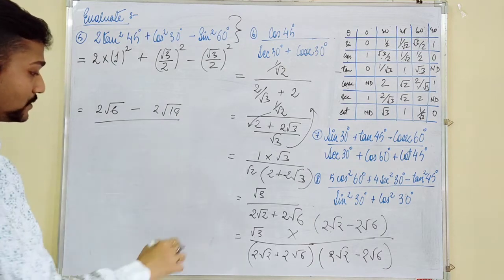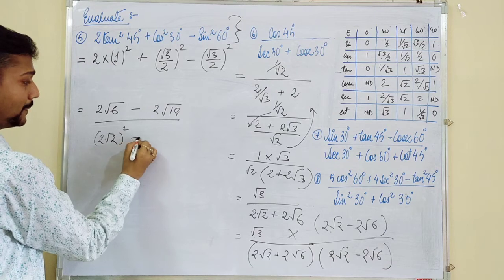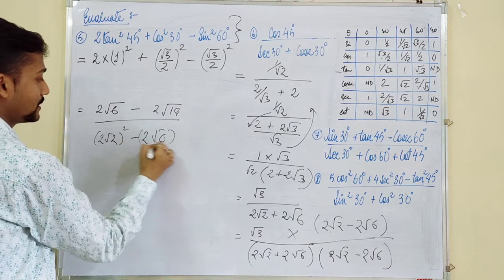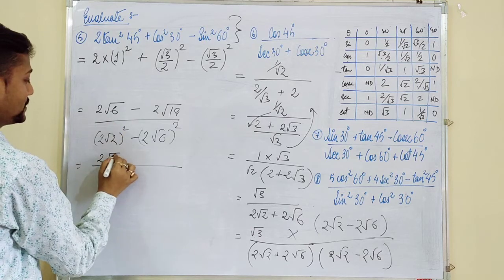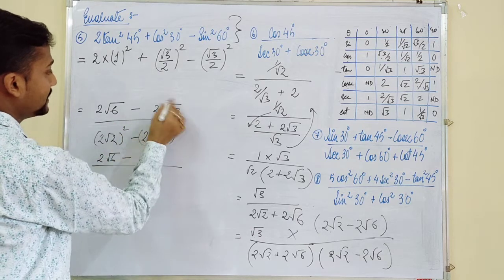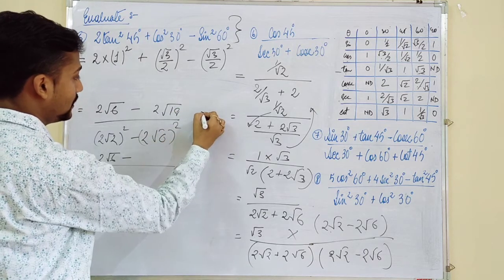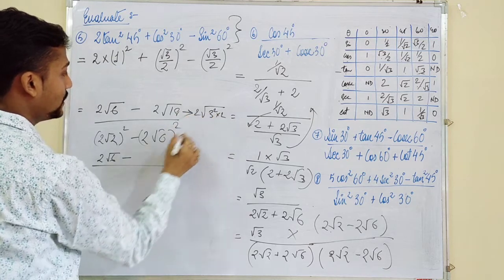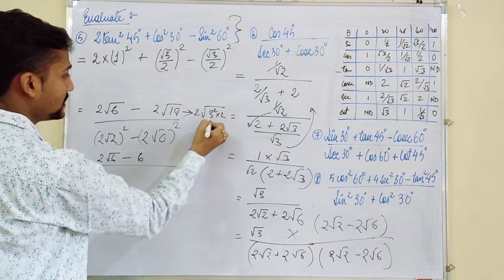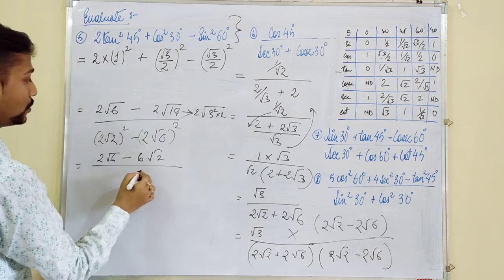The denominator will be 2 root 2 whole square minus 2 root 6 whole square. 3 square into 2, so it will be 6. 3 comes out, 2 threes are 6 by root 2 into root 2.